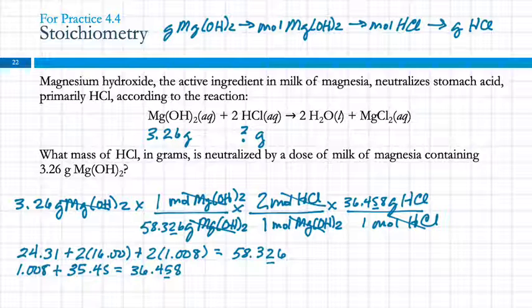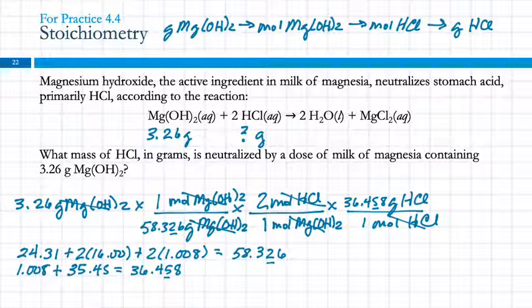We've got grams to moles to moles to grams. I put the units in, and then the units tell me where to put the numbers. I don't have to think, well, I'm supposed to divide by the molar mass of the first one and multiply by the mass of the, no, just let the units tell you what to do.